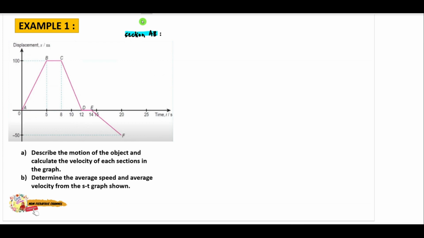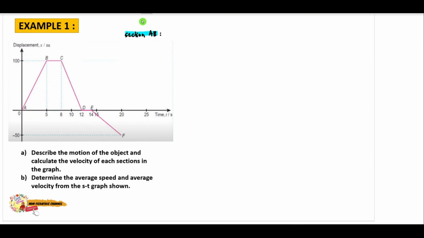Okay? So, kalau kita bayangkan objek tu tadi dah sampai 100 meter, dia berehat and then dia patah balik. So, opposite direction. Okay. So, from D to E, you can see here, displacement pada kosong lagi tidak bertambah ataupun berkurang. That means the object is stationary from 12 seconds to 14 seconds. Okay.